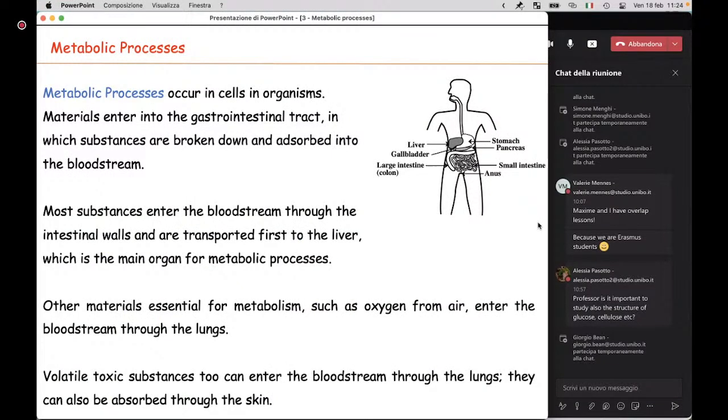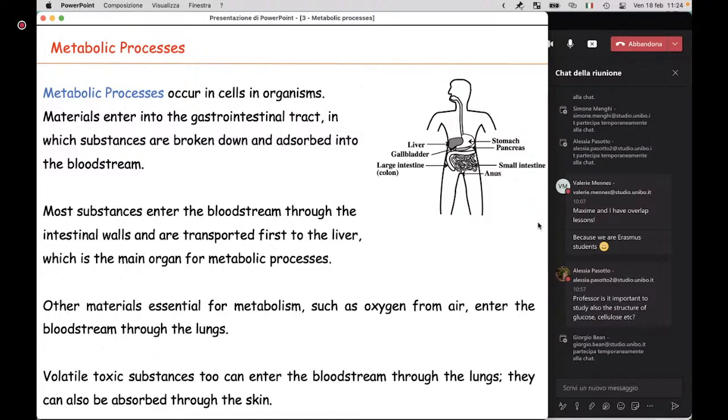Okay. Now we have seen the most important structures in our cells, the most important molecules, in particular big molecules, for many functions in our body, in our cells. Now we can start taking a look at metabolic processes.